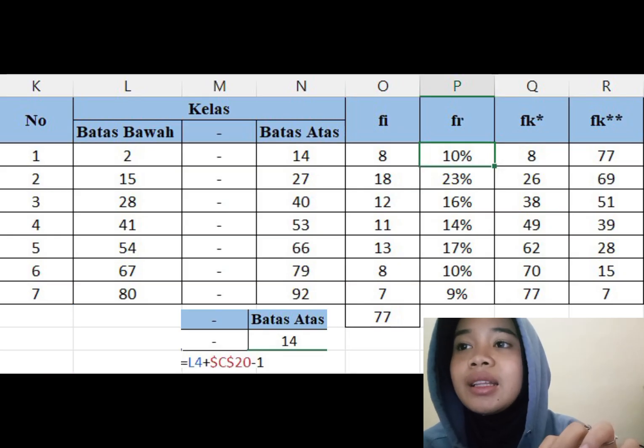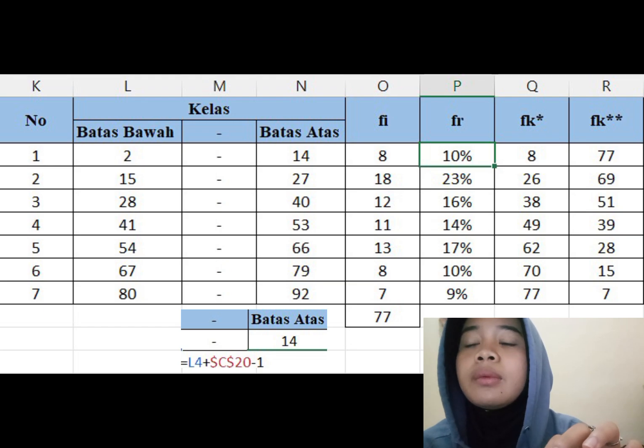For the second upper limit, use the formula equal to the second lower limit plus the value of C, and then press Fn and F4 to lock the value and then subtract 1 and then click enter.